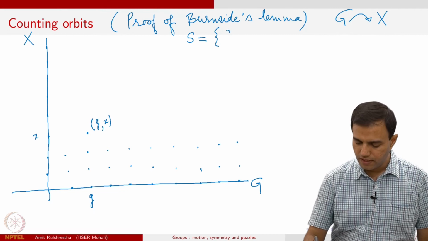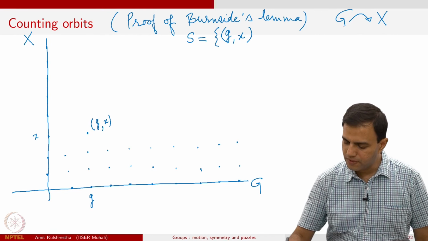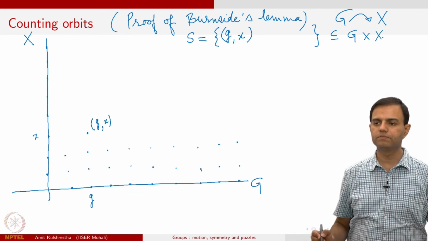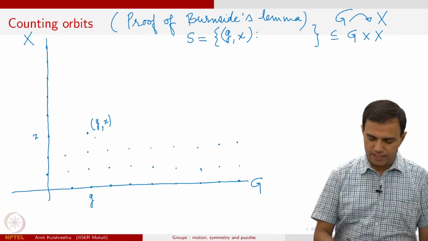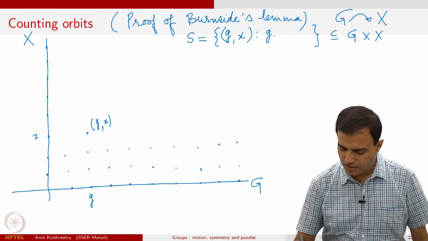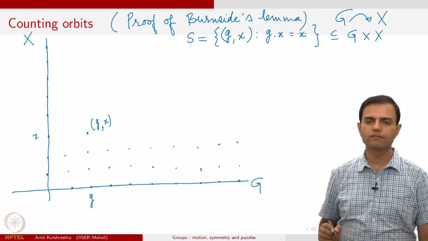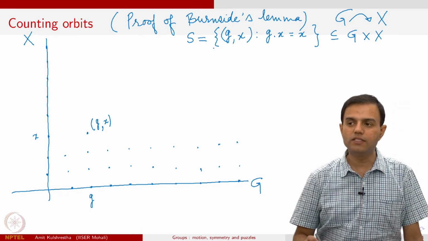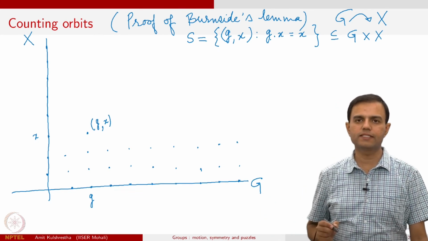That set is g comma x. So this is a subset of G cross X. So all those elements g comma x for which g dot x is x. That is, x refuses to be moved by g, or g is not able to move x, the same thing. So g dot x is x.